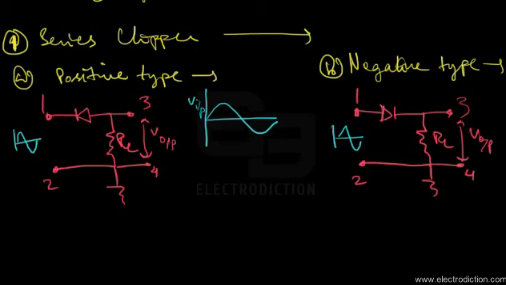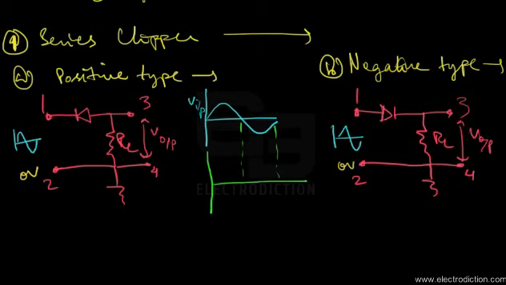For the positive series type clipper, when the input signal arrives at terminals 1 and 2, terminal 2 is connected to ground as shown, and so has 0 volts.